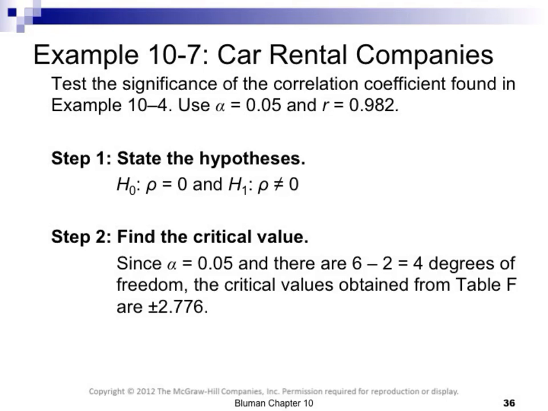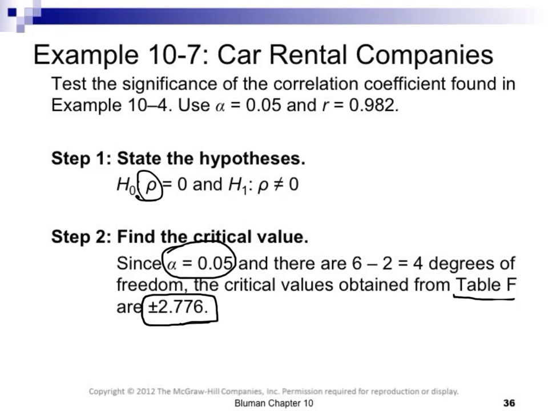Find the critical value. Well, you're going to go to table F, which is where you got your t-test data. You're going to use your alpha and your degrees of freedom. Now remember, when you're doing a scatter plot and you have a rho that you're dealing with, not a mu, then you're going to do 6 minus 2 degrees of freedom, n minus 2. So in this case, we're going to look up 4 degrees of freedom and alpha 0.05 and find from table F that that is our critical value.